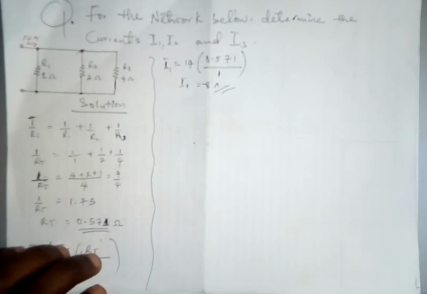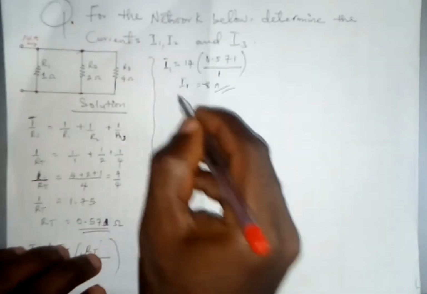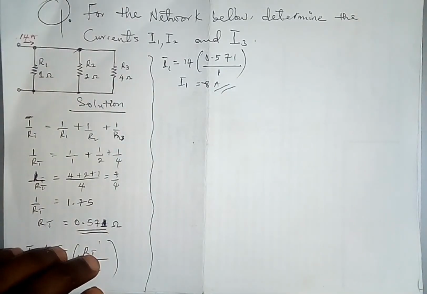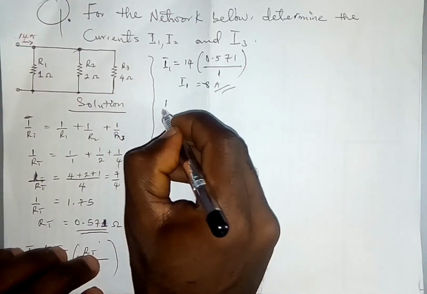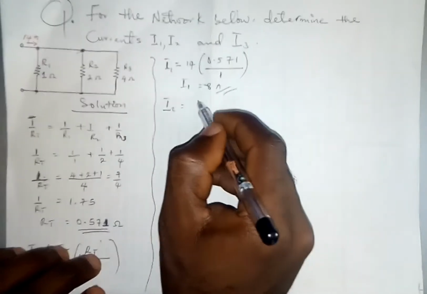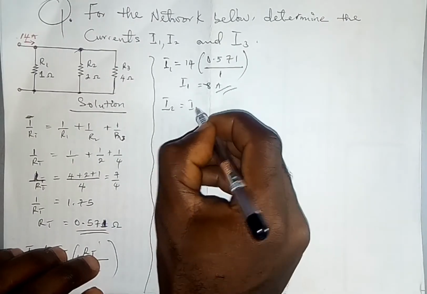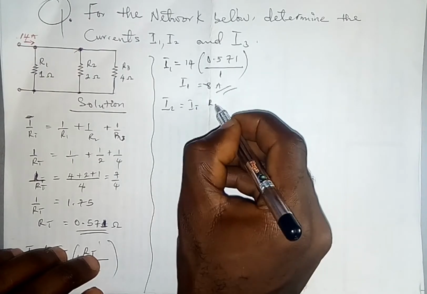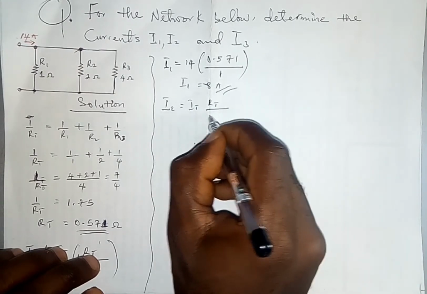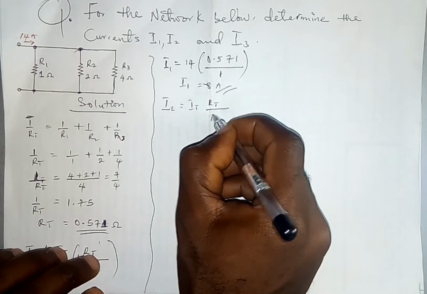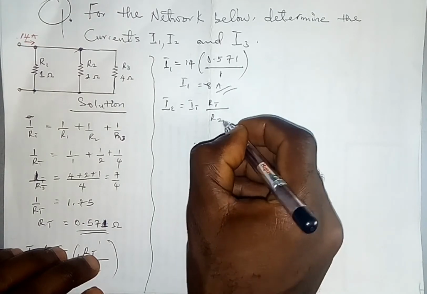The same is applicable to I2. So I2 equals I total multiplied by the equivalent resistance over R2.